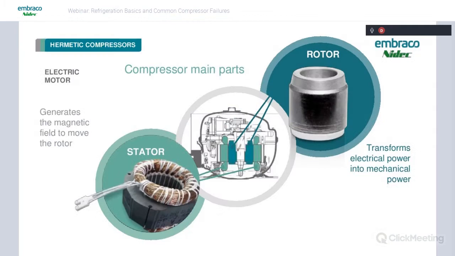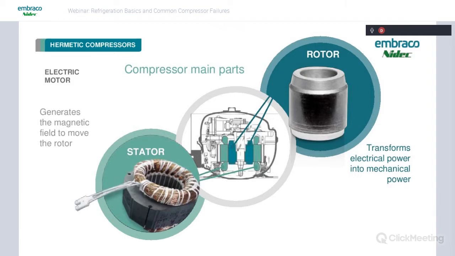So this is a better look at the motor inside the compressor. You can see the stationary part, the stator, that holds the windings of the compressor. Inside that, you have the rotor, which has the crankshaft going through the center of it. The stator generates the magnetic field to move the rotor, and the rotor transforms the electrical power into mechanical power through the crankshaft to the reciprocating assembly.